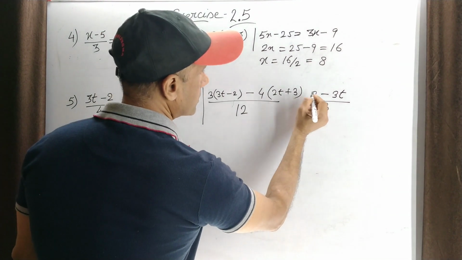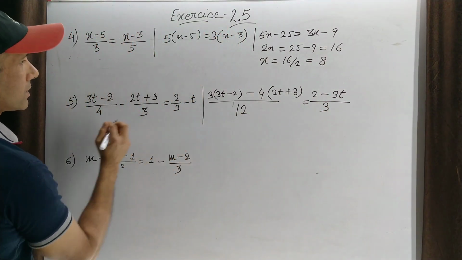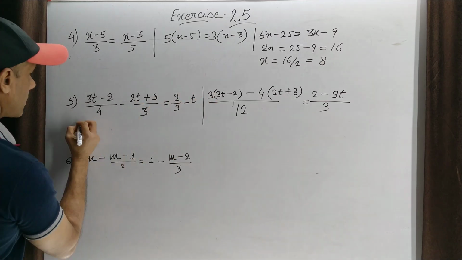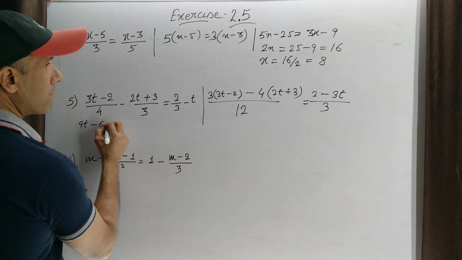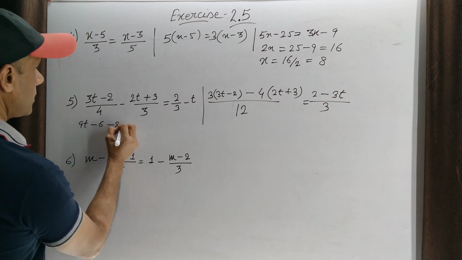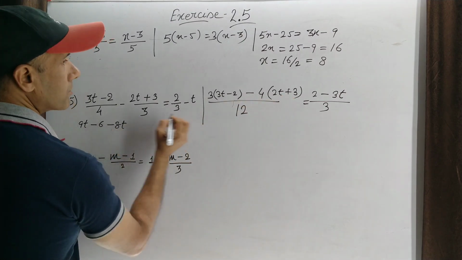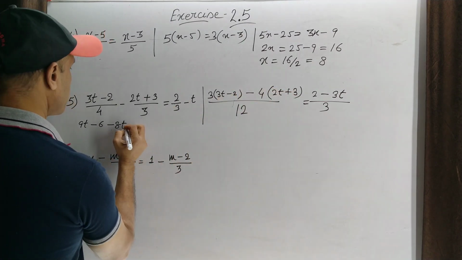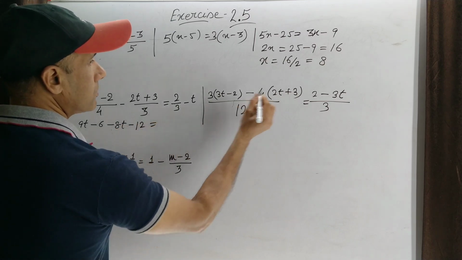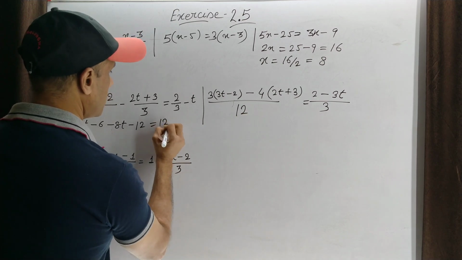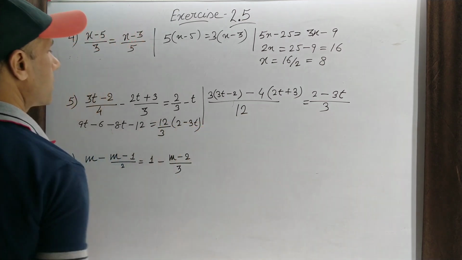So we move 12 here straight away, and we can write this equation as 3t, 3 into 3, 9, this becomes 9t minus 6 minus 8t, this minus into plus will become minus, so it will be minus 4 3s are 12, is equal to 12 divided by 3 into 2 minus 3t, okay?